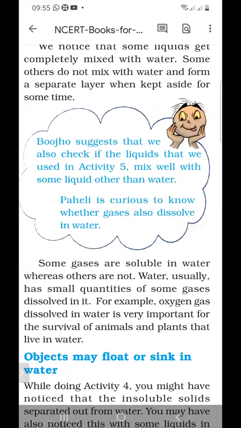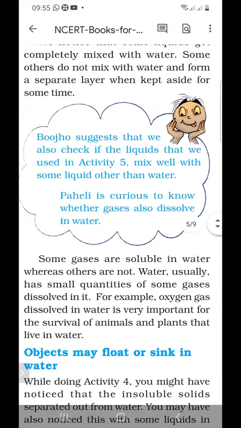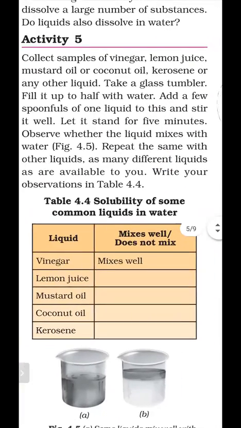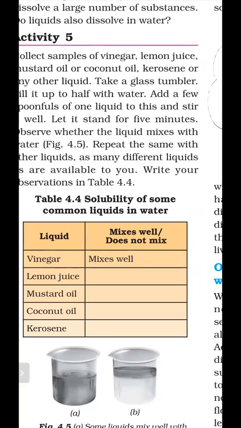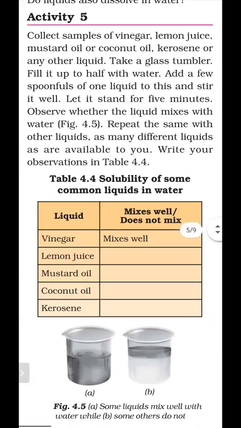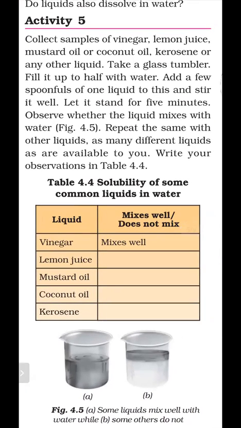So all aquatic animals survive in the water and take oxygen from the water. As we discussed in Activity 5, there are two types of liquids. Some liquids can dissolve into the water and some cannot.